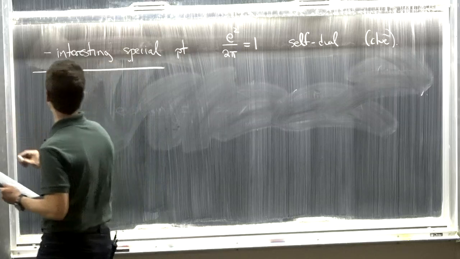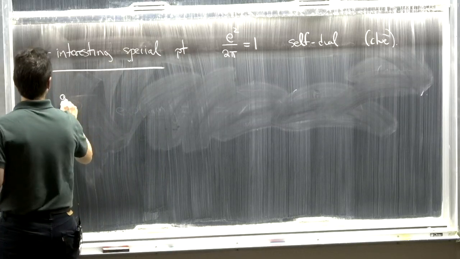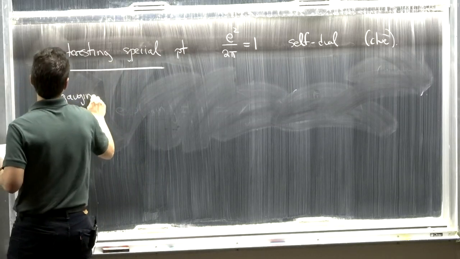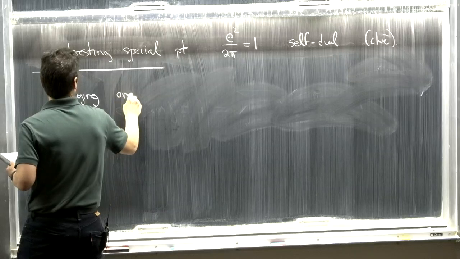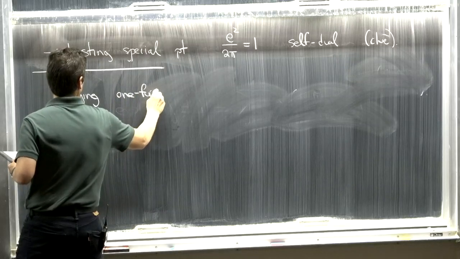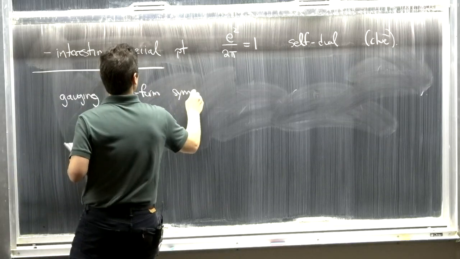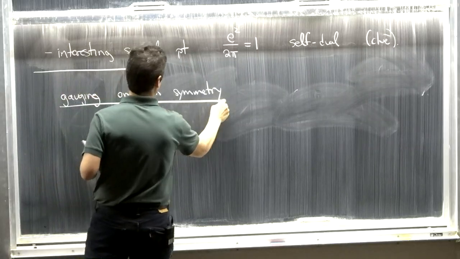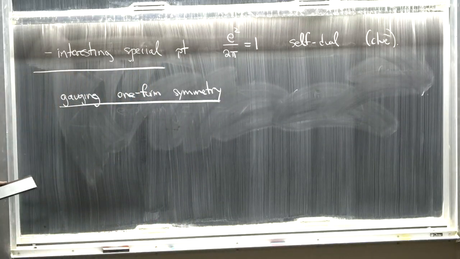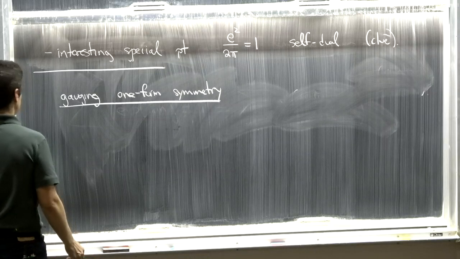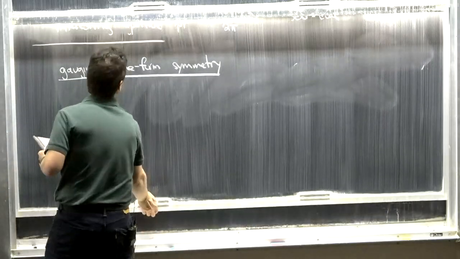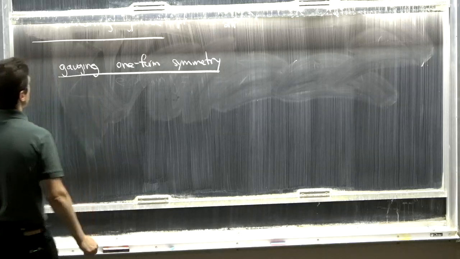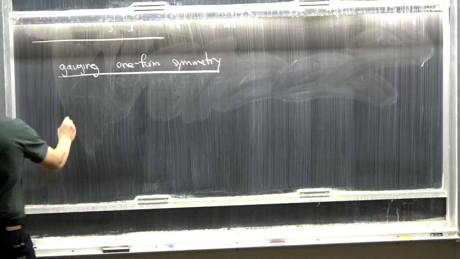Okay, so that's tool 1. Next tool is about gauging one-form symmetry. You heard some lectures about this from Hotat, so I can be somewhat brief. Okay. So let's go back to the free Maxwell theory, and let's couple it to background fields.